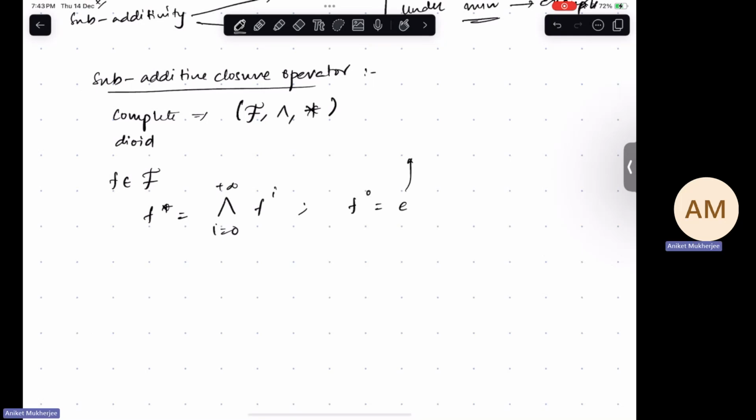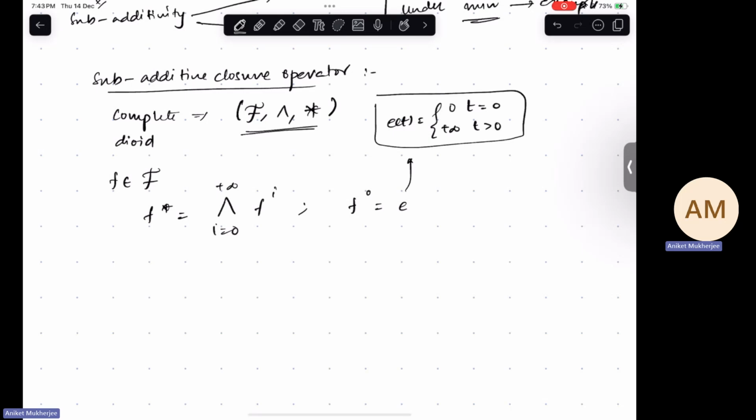Now, the unit function of this dioid is e of t equal to 0 if t equal to 0, plus infinity if t is greater than 0.